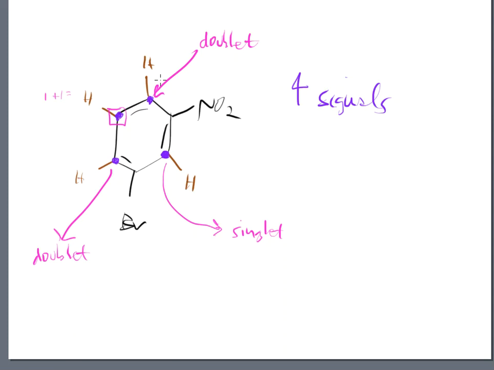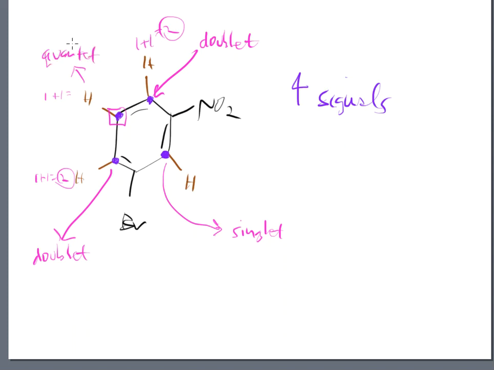So basically I treat them separately, one at a time. Down below, this is 1 hydrogen plus 1 is a 2. And here to the top right-hand side, that is 1 hydrogen, so 1 plus 1 is another 2. So this one is going to be 2 times 2, which is 4, and that is a quartet.